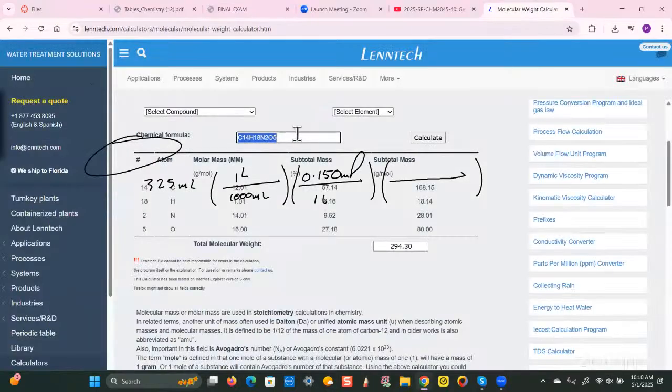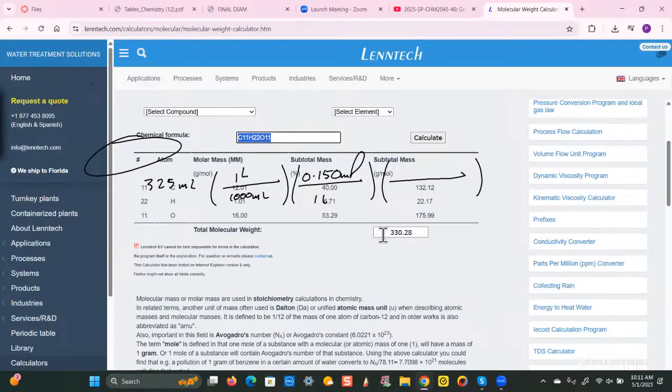The formula of sucrose is, oh no, hold on, what's the formula?